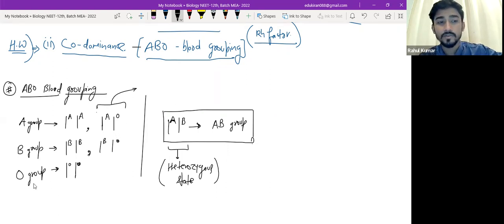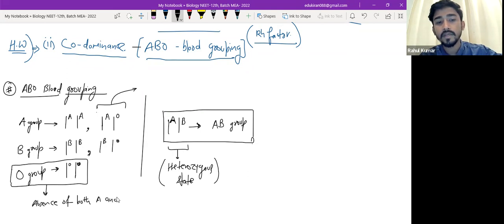So blood group O is the absence of both A and B antigen. But I have seen teachers teaching it like this, and students also remembering it like this, that A and B are dominant over O, but O is nothing.